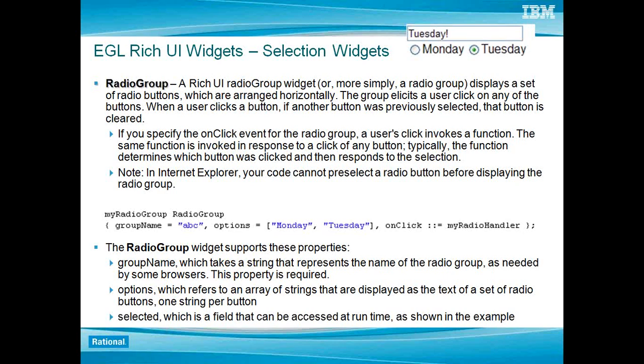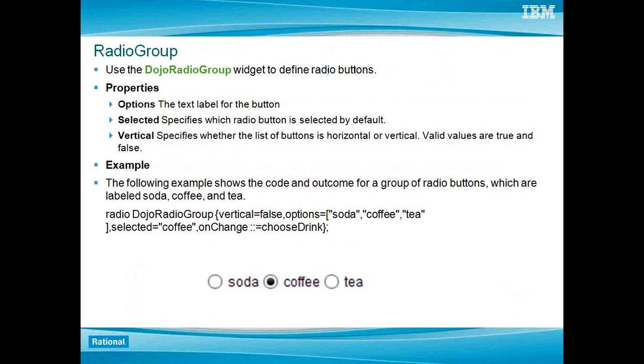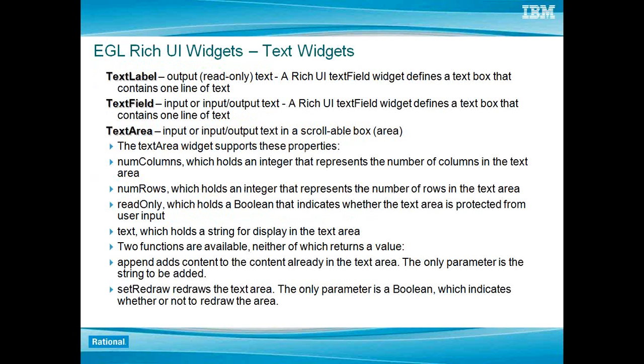Then we have the radio group widget, through which we can group multiple radio buttons so that at a single time only one radio button should be selected. And then we have the Dojo radio group available inside the Dojo library. It has the same behavior, but with a different look and feel according to the Dojo library or Dojo theme.